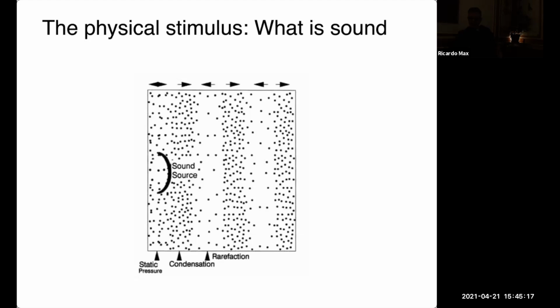So sound is a perceptual phenomenon, not a physical one. The physical phenomenon is differences, a wave in air pressure that propagates through air or whatever medium we are in.